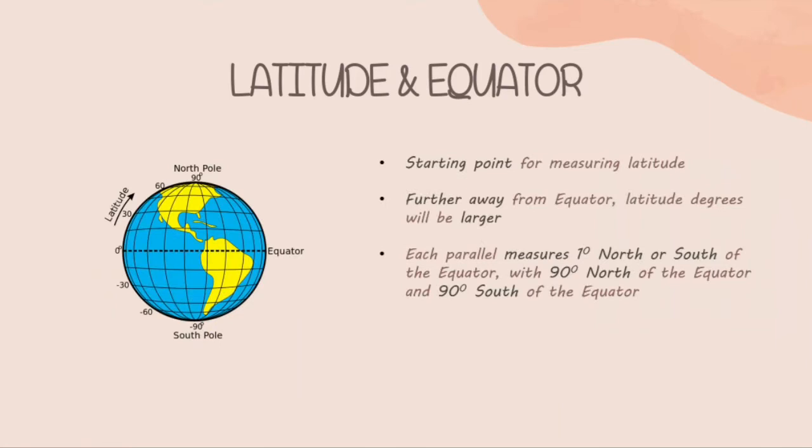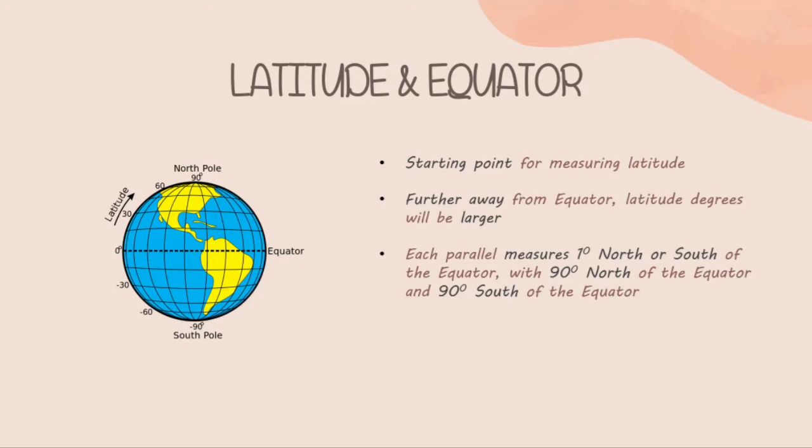The starting point for measuring latitude is the equator, so it is 0 degrees, and the further away from the equator, the larger the latitude degrees will be. Each parallel measures 1 degree north or south of the equator, with 90 degrees north of the equator and 90 degrees south of the equator.